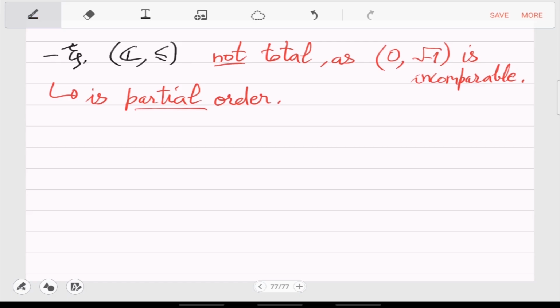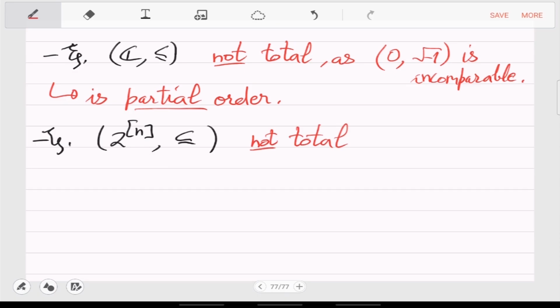Third example, what about the power set of 1 to n? How do you compare two sets? Subset, right? So containment. And what is this relation? Yes, because you cannot compare, so this is again not total. Correct. Not total as you can't compare 1 with 2.